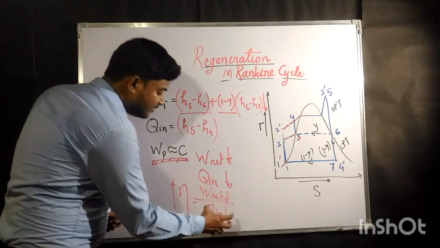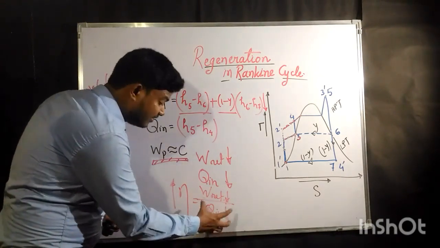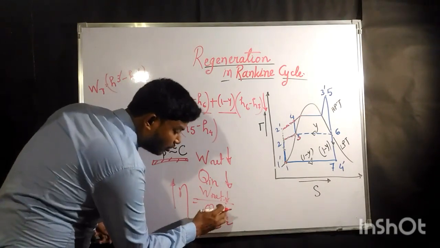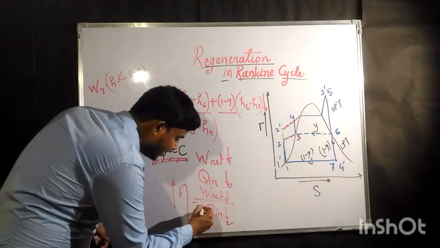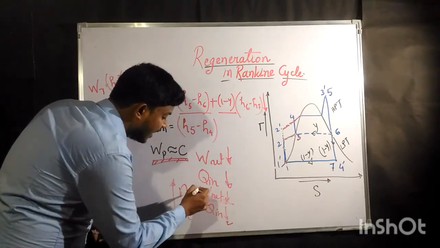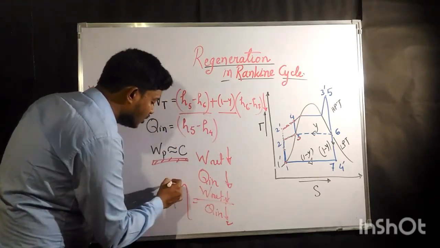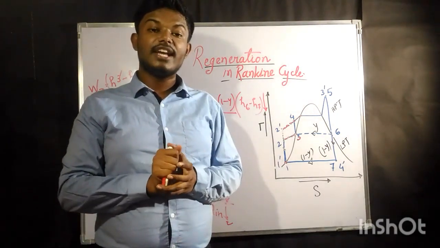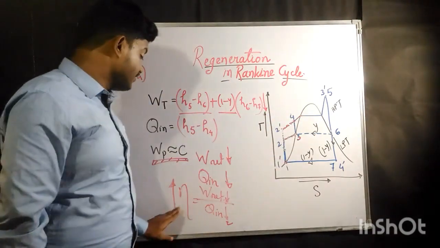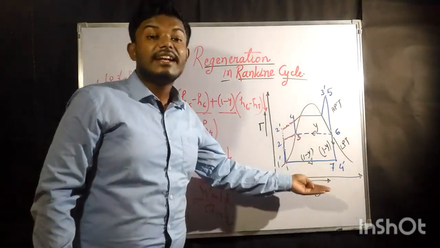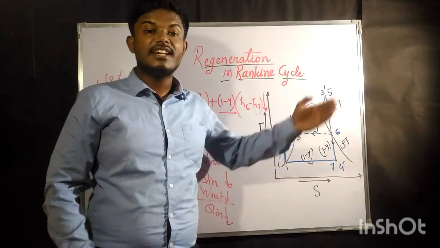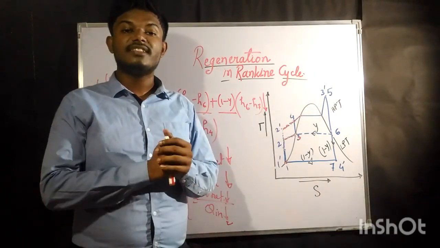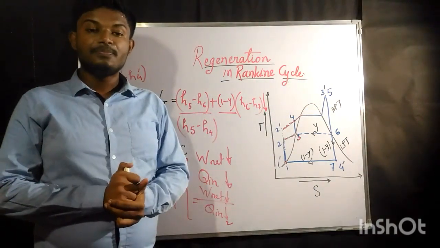Since the denominator becomes lesser, the decrease of W net is not going to matter, so efficiency is going to increase. Another explanation is that the efficiency increases because the mean temperature of heat addition is going to increase.